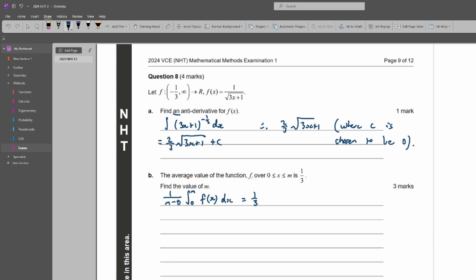We've already done this antiderivative, so let's just grab that from above. And let's actually factor out the 2/3, which might make things a little bit easier to evaluate here. So we have 1 on m, and then times 2/3, we'll have 2 on 3m, and then square root of 3x plus 1 from 0 to m equals 1/3.